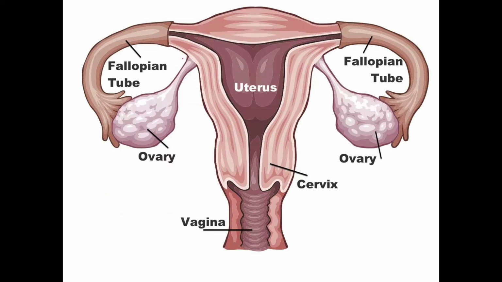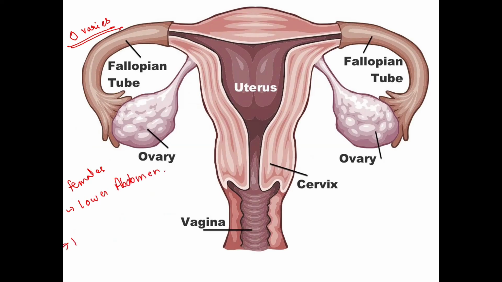Come to the other gland, that is the ovary, right? This is a picture of the ovary. So basically the ovary is present in females. Its location is the lower abdomen region.